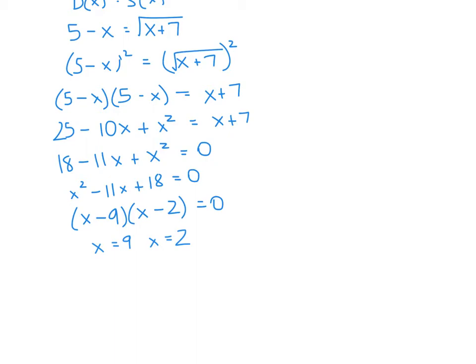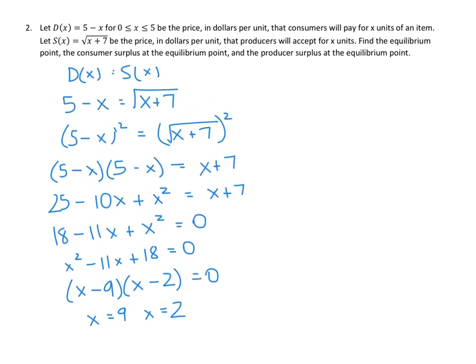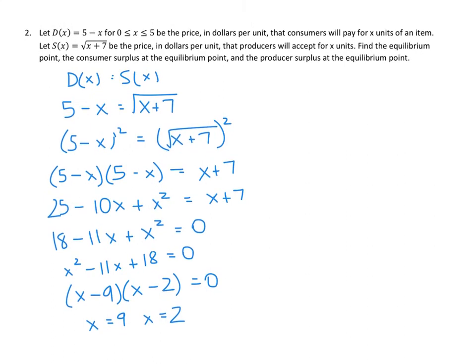But now if we go back and look at this problem, the problem tells us to let x be between 0 and 5. The price is between 0 and $5. So that means we can cross off x equal to 9. So here our x value for our equilibrium point is 2.